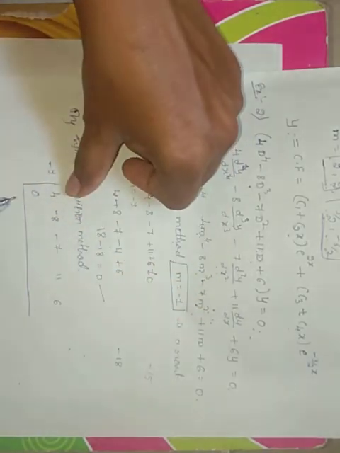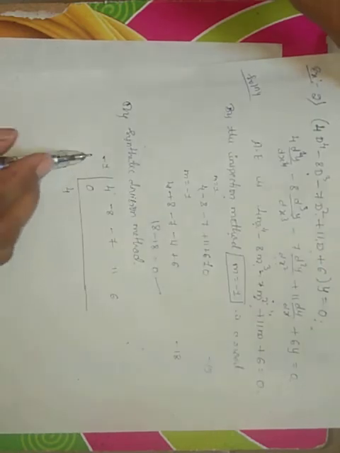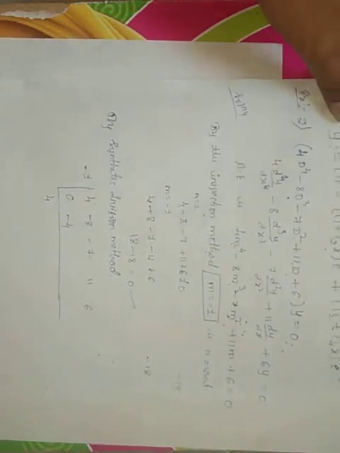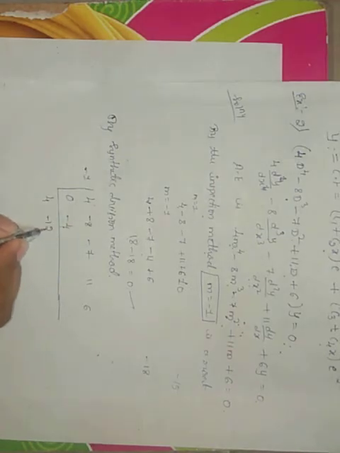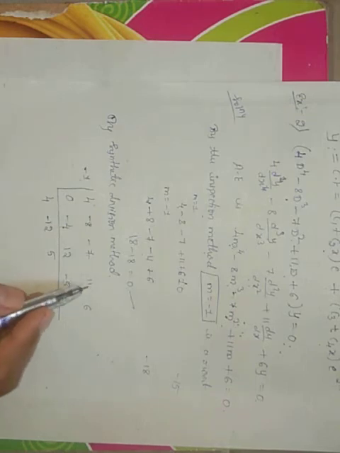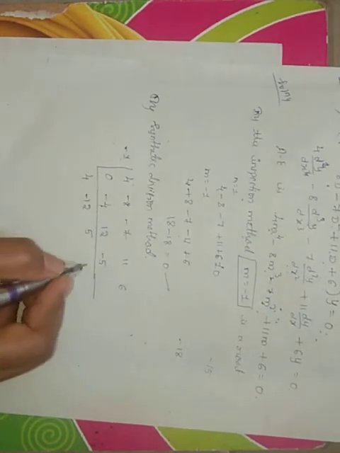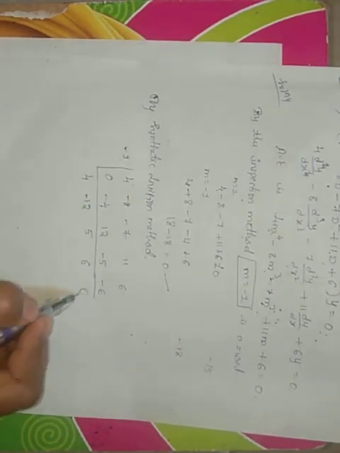Start with 0. 4 plus 0 is 4. 4 into minus 1 is minus 4. Minus 4 minus 8 is minus 12. Minus 12 into minus 1 is plus 12. Plus 12 minus 7 is plus 5. 5 into minus 1 is minus 5. 11 minus 5 is 6. Plus 6 into minus 1 is minus 6. Plus 6 minus 6 is 0.